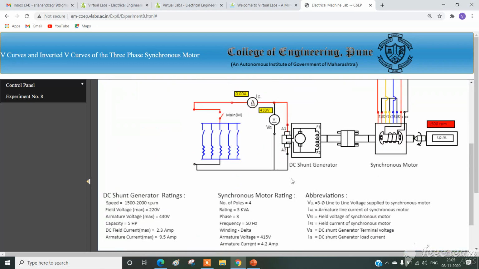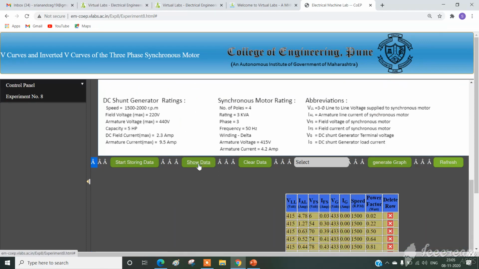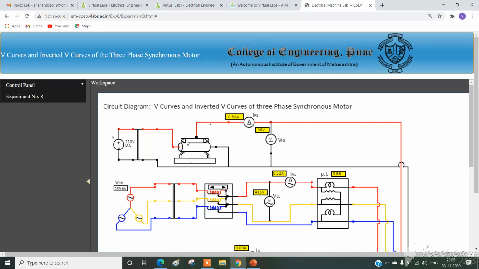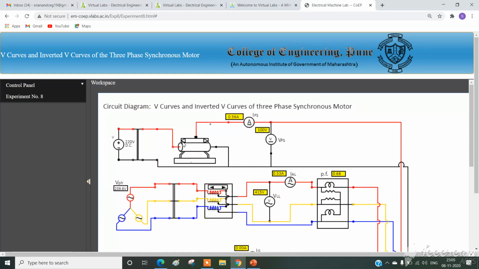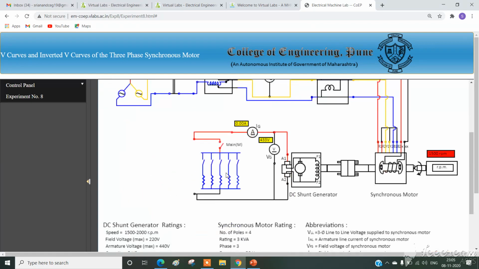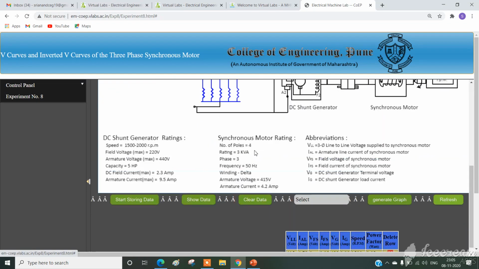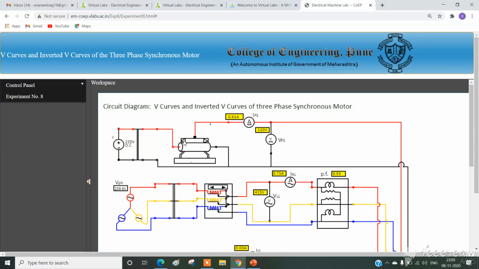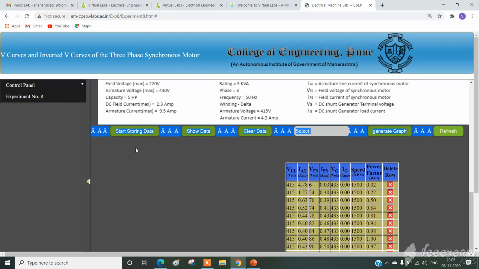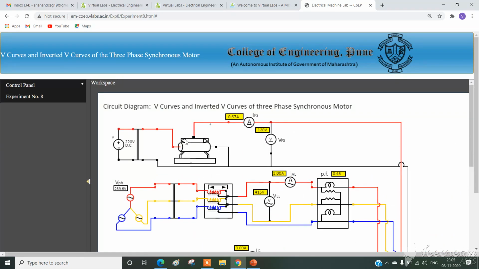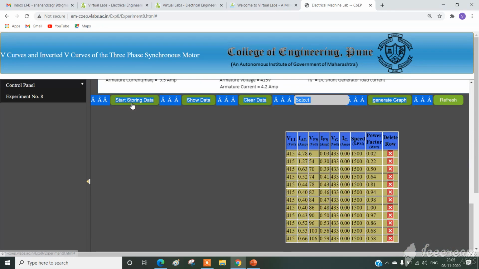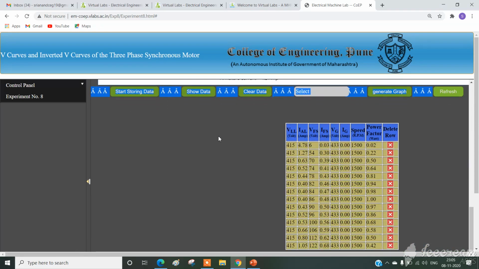Again, while increasing the current further, the power factor gets reduced. So like this we need to take more readings.